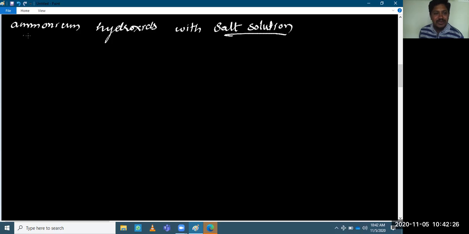Basically, ammonium hydroxide is used to identify the ions present in a given unknown salt. There we use ammonium hydroxide as a reagent, along with NaOH, sodium hydroxide. Ammonium hydroxide reacts in solutions of salts and forms a characteristic color.